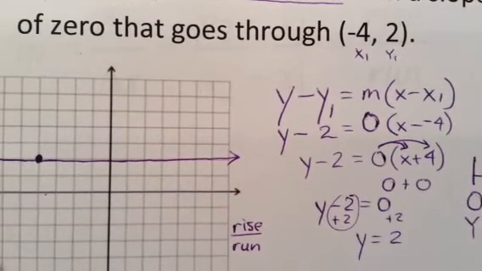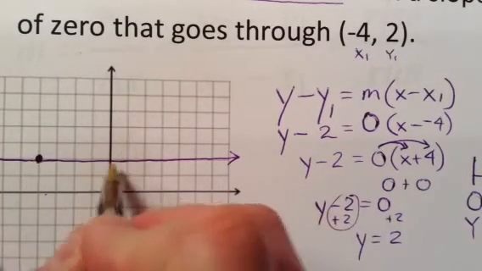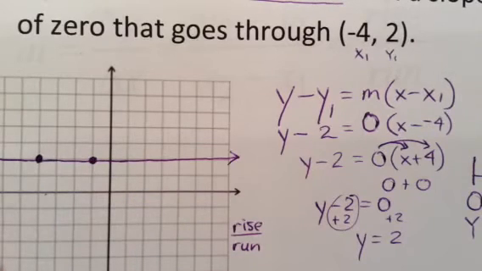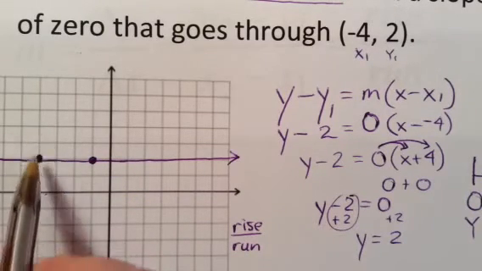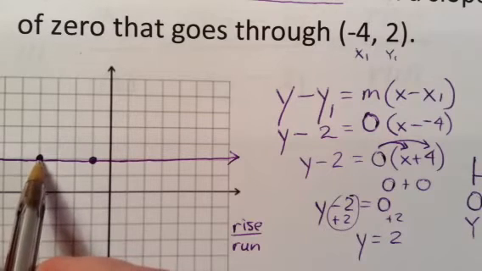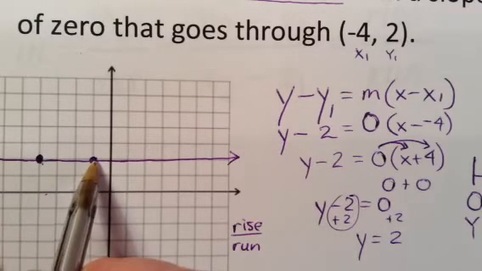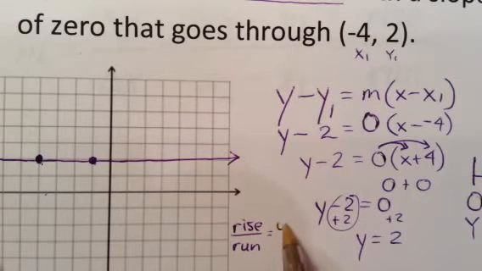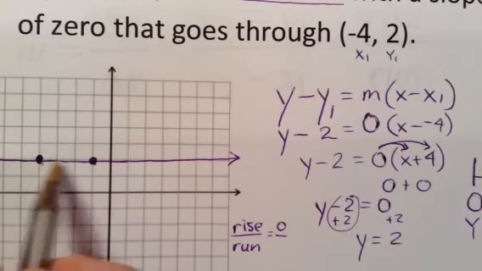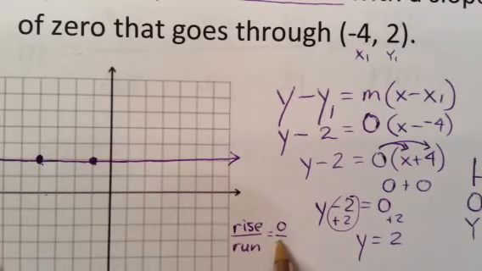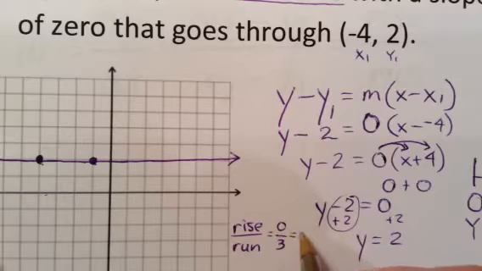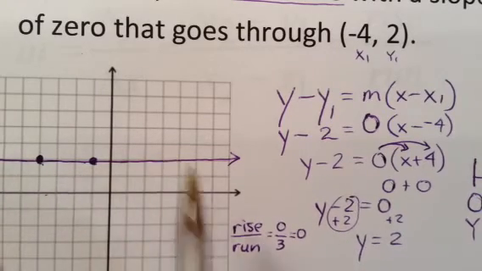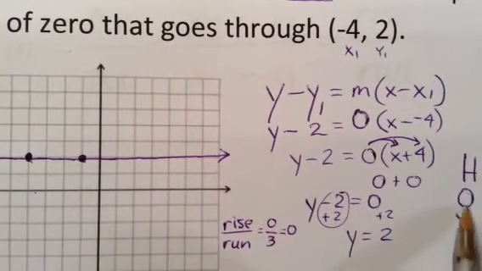Well, in this particular case, if I go from one point to another point on a horizontal line, do I have to rise from this point to actually get to this one? No, I rise nothing. I rise 0. And then I can run, in this case I run 3. Is 0 on top of a fraction okay? Well, according to my calculator it is. And so that's why horizontal lines have a slope of 0.